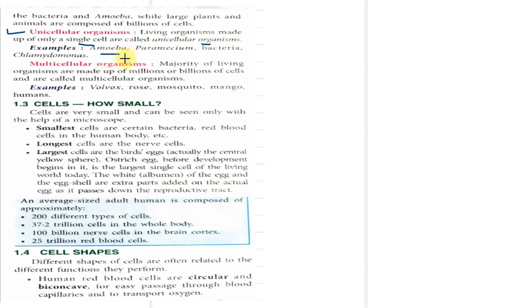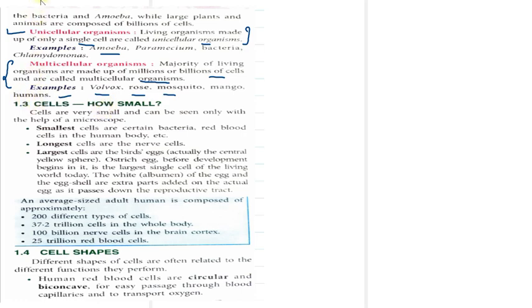All these are examples of unicellular organisms. So here we get the definition of unicellular organisms. Now multicellular organisms. The majority of living organisms are made up of millions or billions of cells, and they are called multicellular organisms. Unicellular organisms are fewer and multicellular organisms are more. For example, volvox, rose, mosquito, mango, humans, animals, these are all multicellular organisms.